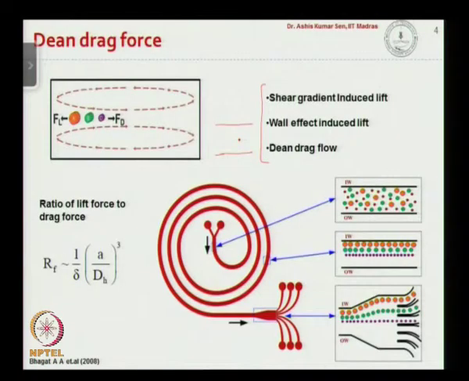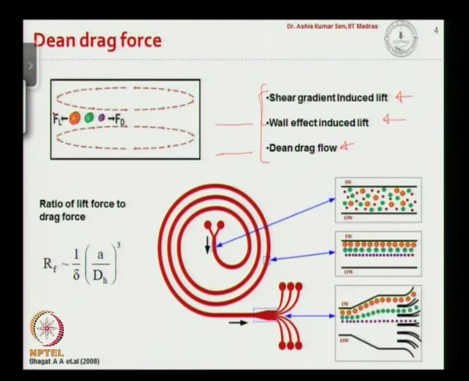So as you can see here, there are two forces, one is shear gradient induced lift and the second one is wall effect induced lift. Now there is the third force, which is called Dean drag flow. The net effect of these two lift forces is outward, going towards the channel wall.